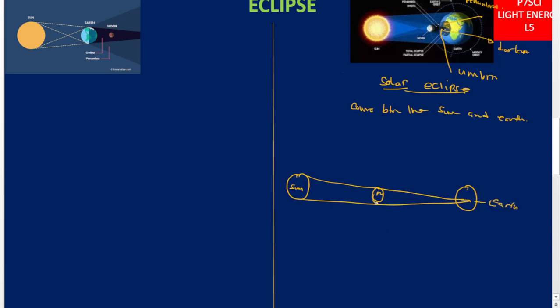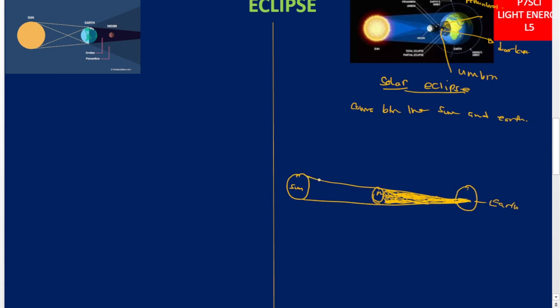This moon is going to prevent light from reaching this region here, and because it is very small, it is going to form what we call the umbra region, the darkest region here, as I'm shading it so that you get to understand. People in this region are experiencing total darkness.